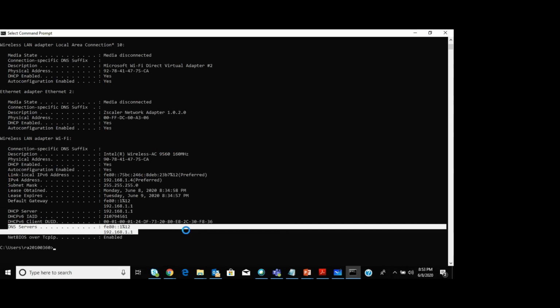It is going to resolve host name to IP address and IP address to host name. So DNS is a very critical component of IT.